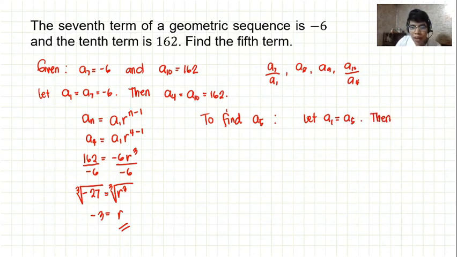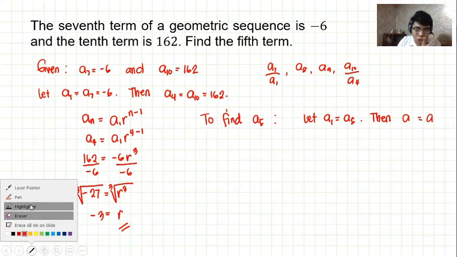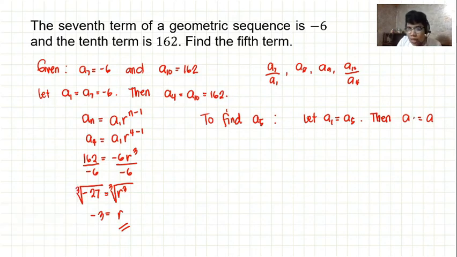Then it will follow that if a sub 5 is a sub 1, then a sub 6, a sub 7, so a sub 7 will be a sub 3, right? So if a sub 1 is a sub 5, then a sub 3 will be a sub 7. I will rewrite this one. Let's start with a sub 3 so that our solution is parallel. So a sub 3 becomes a sub 7.